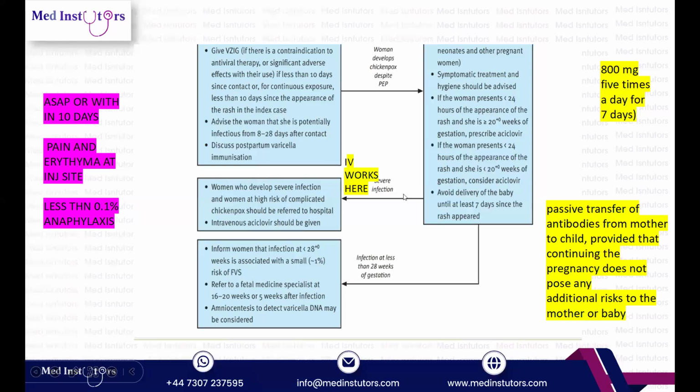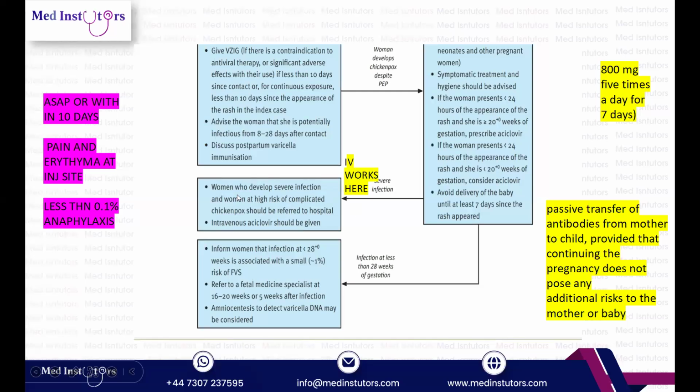Okay, you can see this arrow. Here we are talking about severe infection. When a severe infection occurs, the intravenous drug works, right?